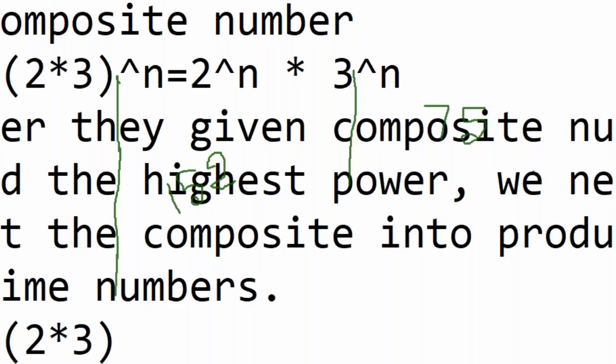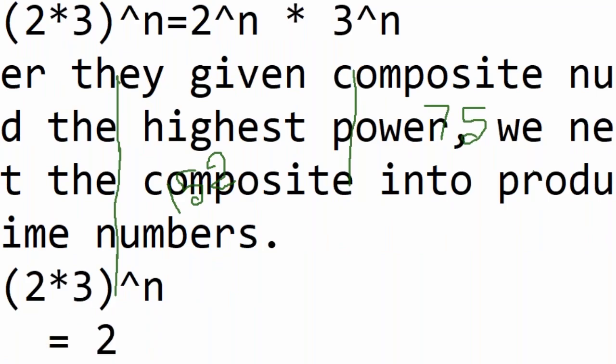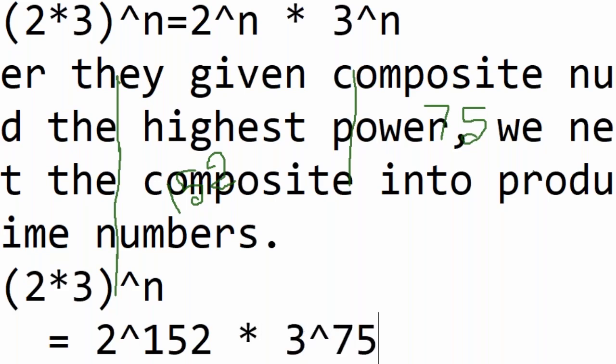You have to convert 6 power into 2 into 3 whole power n. But to find the 6 power, 2 into 3 whole power n, we already get 2 power is 152 and 3 power is 75. Get it, all of you?